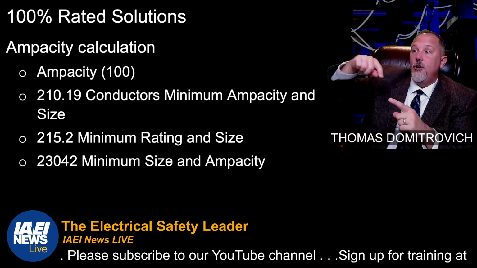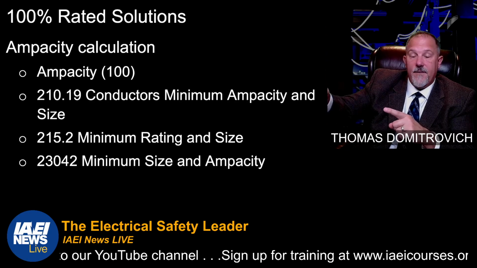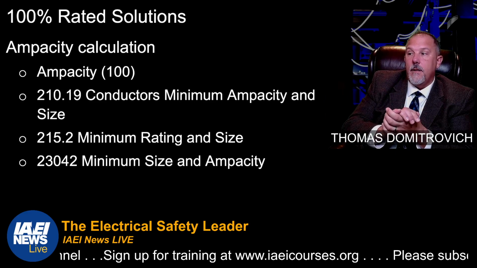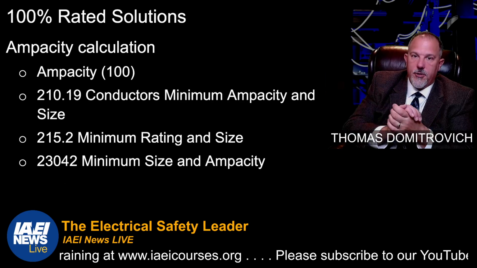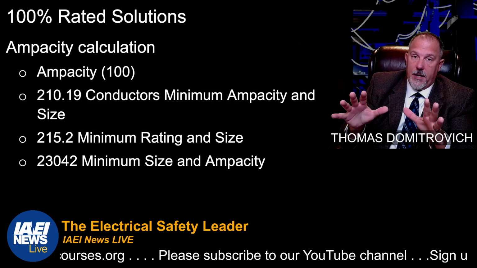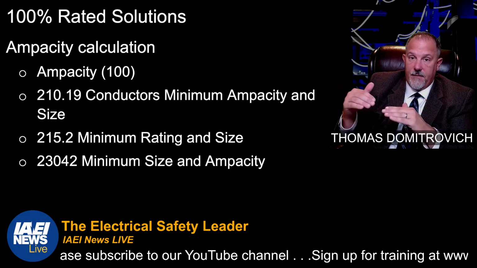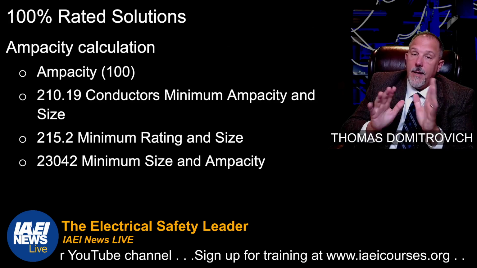So even though 210.19 doesn't have you do that, you're going to have to do it here. And quite frankly, if your number was smaller, that's probably going to be your larger of the two. Doing the correction, I mean, it has to be a really bad location to make the adjustment factors and the correction factors be more than a 1.25, in my opinion.